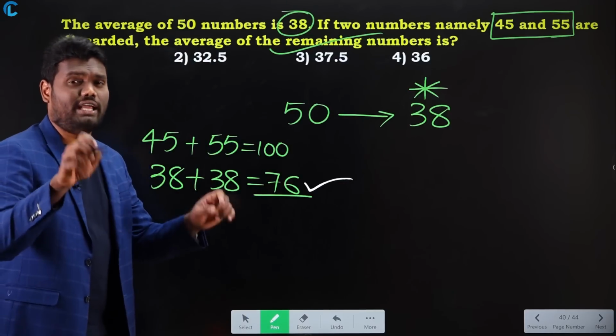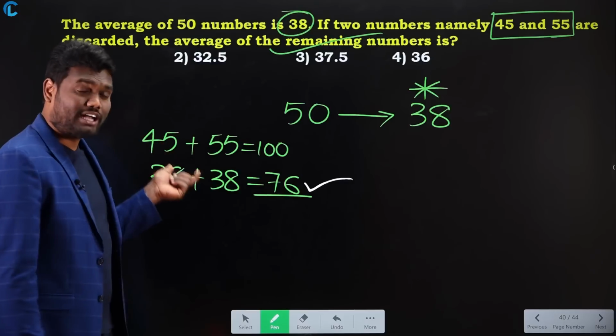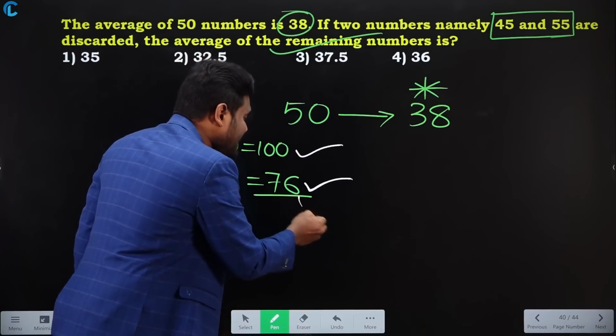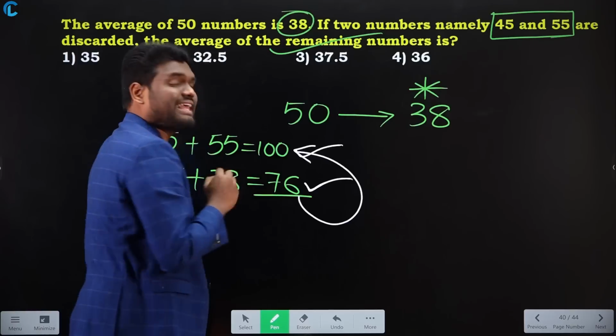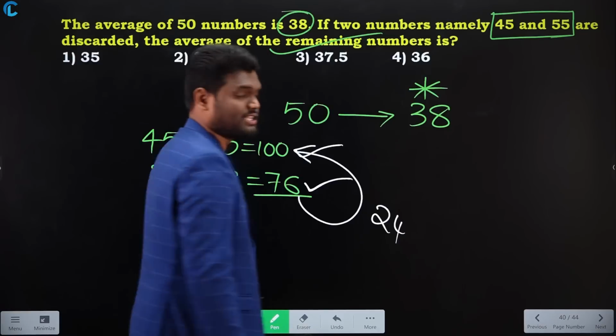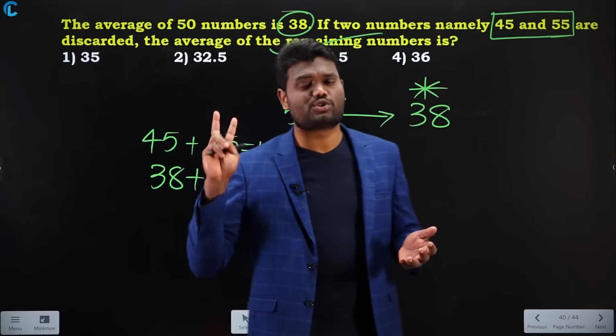But unfortunately, in this question, the numbers are not 38, 38, the numbers are 45 and 55. So 100 is discarded, which means it is more. 100 is more than 76. How much more than 76? 24 more than 76.